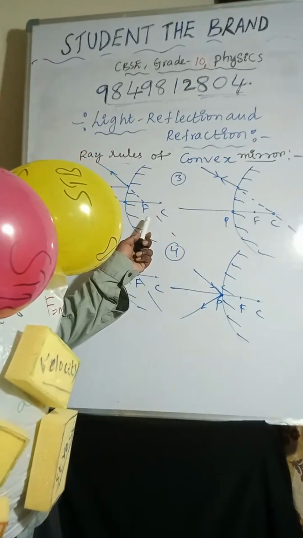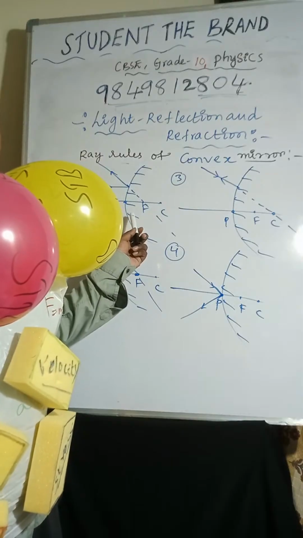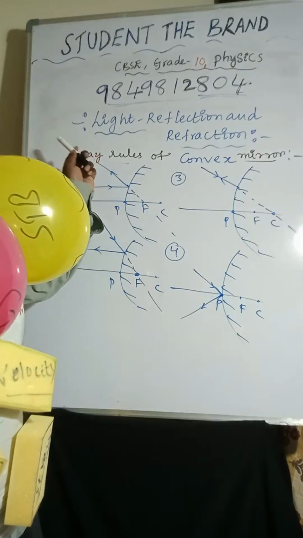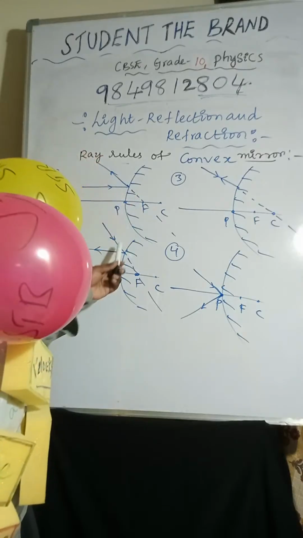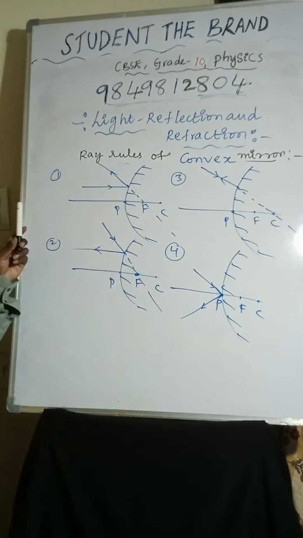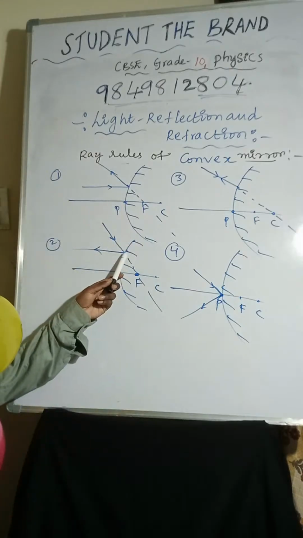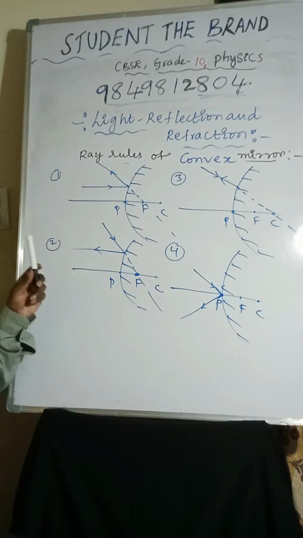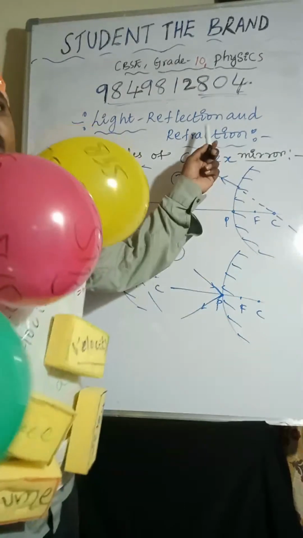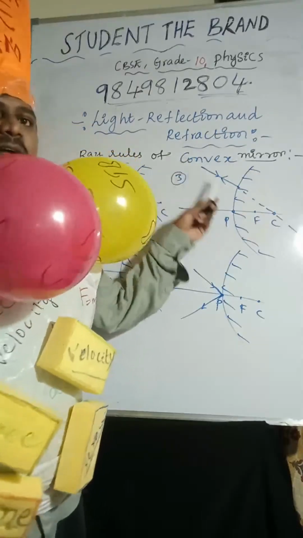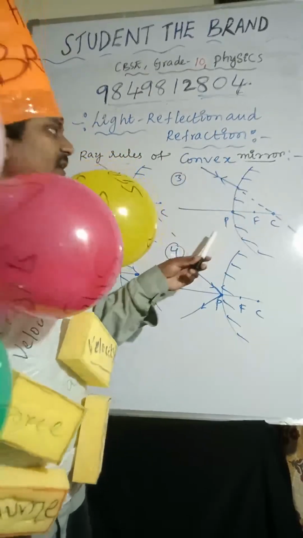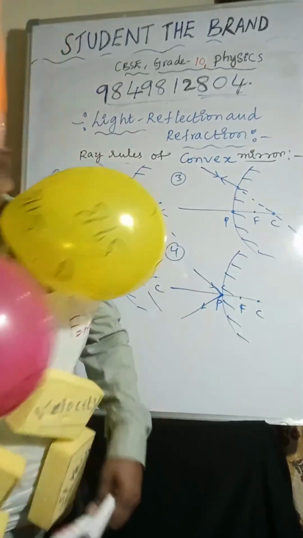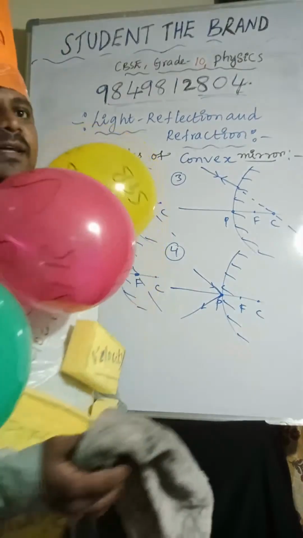Now you can see here, a light ray coming from infinity, after reflection moves away from the principal axis and passes through focus. Here a light ray passing through focus, after reflection moves towards infinity, and here a light ray passing through center of curvature, after reflection retraces its original path. Here a light ray incident at the pole reflects back. Okay, so next one.